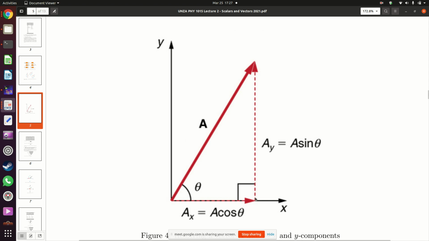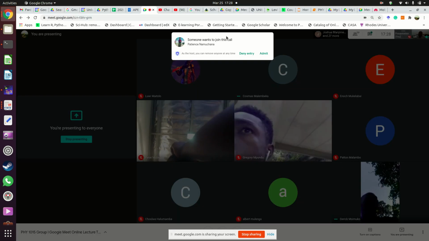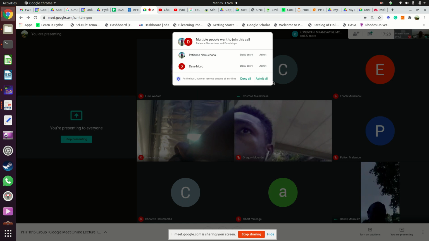You have not changed anything because the size and the direction are still the same. These components are special types of vectors which point in specific directions which we are interested in. The directions we're interested in are the x-axis and the y-axis.